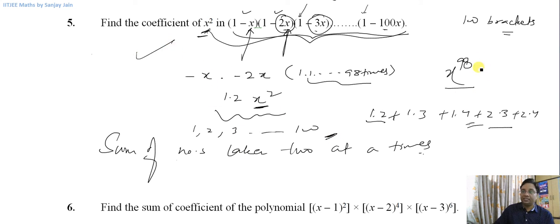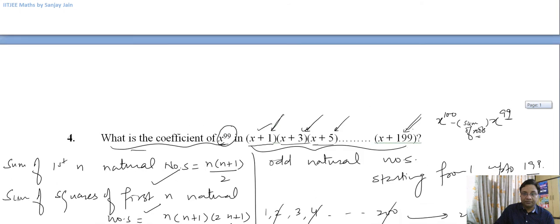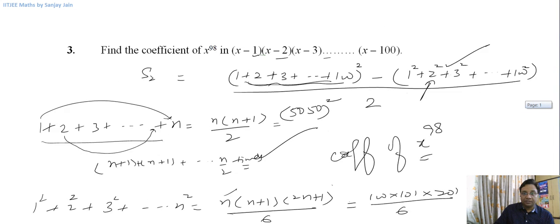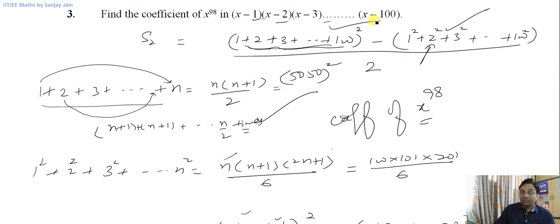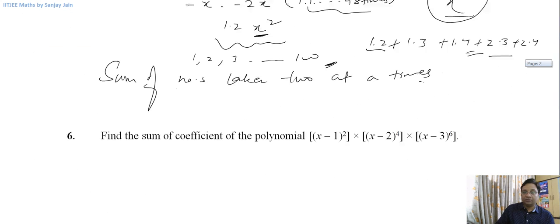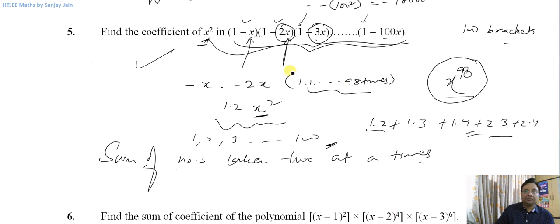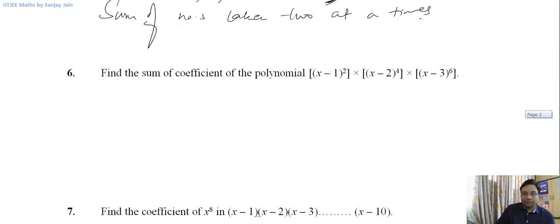And we have already seen this algorithm while calculating x raised to power 98 in the previous question. Let me show you that question, this question, right? So the format that I used in that question is a little different. Otherwise, what I'm asking for is exactly the same as in this question. So this is the algorithm that we will use to calculate the coefficient of x square in this particular question. Okay, so don't get confused.